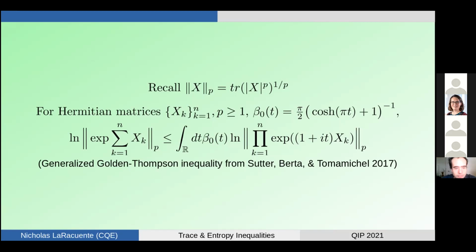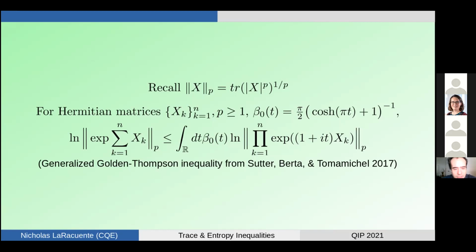And for a set of Hermitian matrices, there is now this inequality relating the logarithms of the p-norms. And you can see in here, again, this is relating an exponential of a sum to a product of exponentials. It's a more complicated form. It's also a more powerful form.